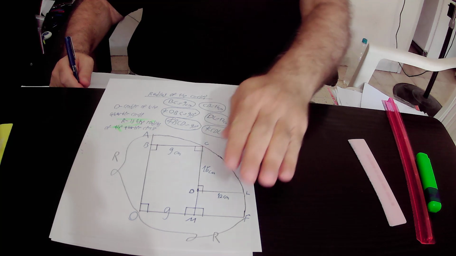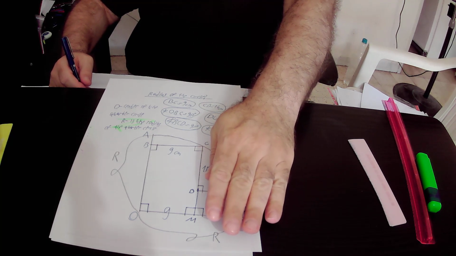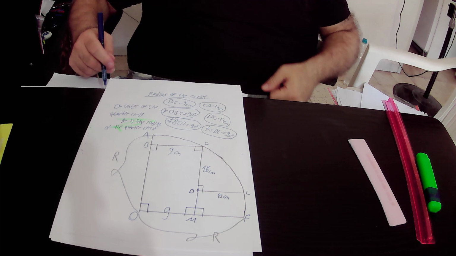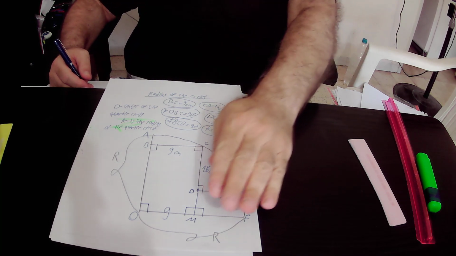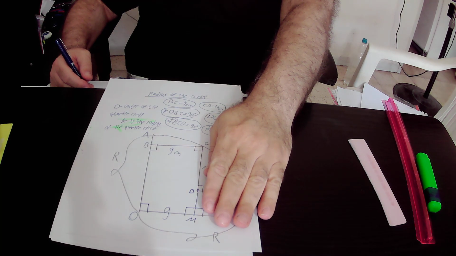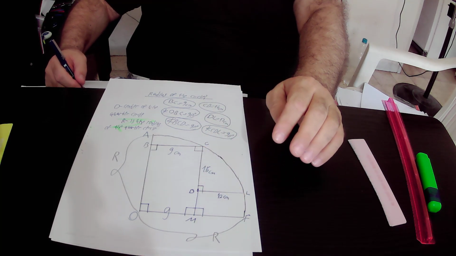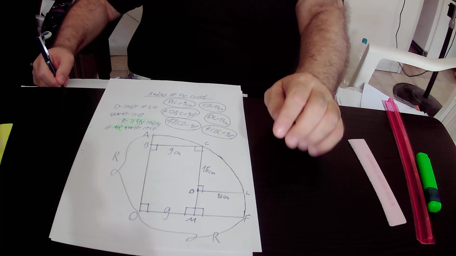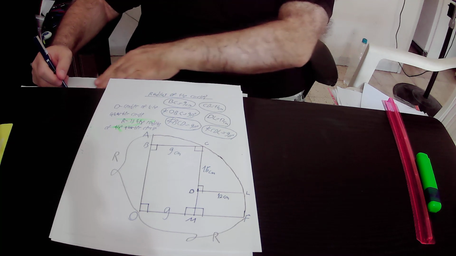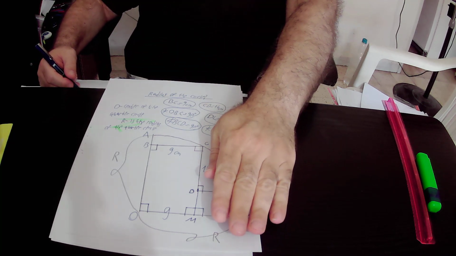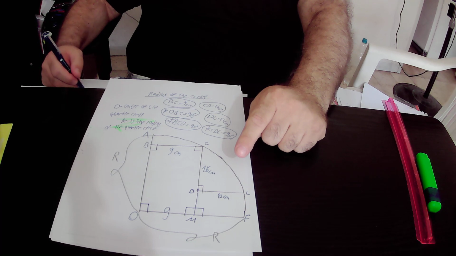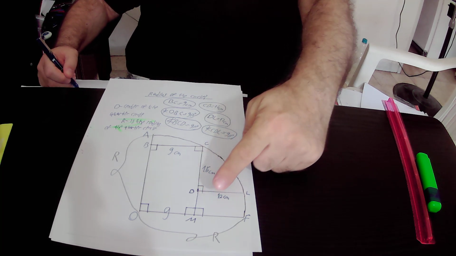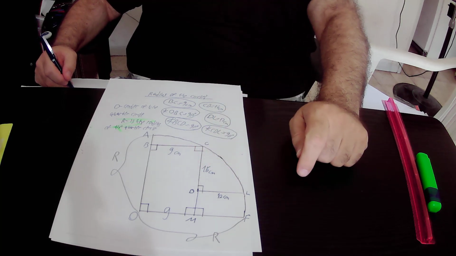So if we focus on this side of the straight line CM at point D, then the sum of the angles must be equal to 180 degrees. Which angles do we have at this side of the straight line CM at point D? We have here 90 degrees, and we have this angle that is actually angle LDM.